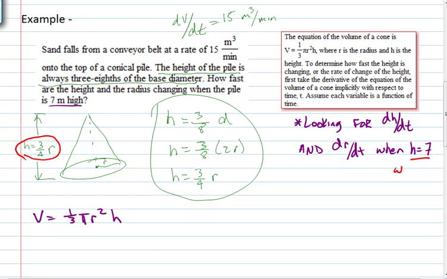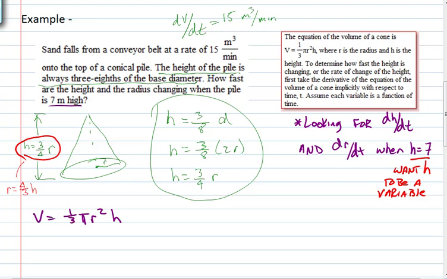This to me means I want h to be a variable. So I don't want to replace h here with 3/4 r. I want to replace r with 4/3 h. Right? This is the same thing as r equals 4/3 h.